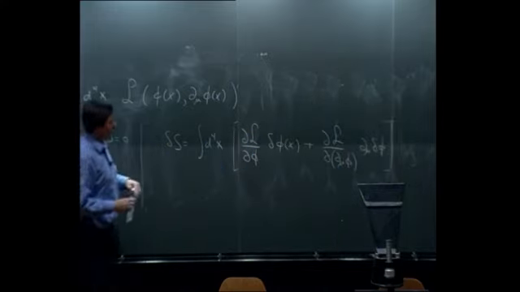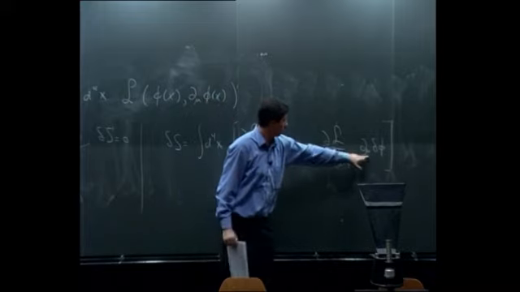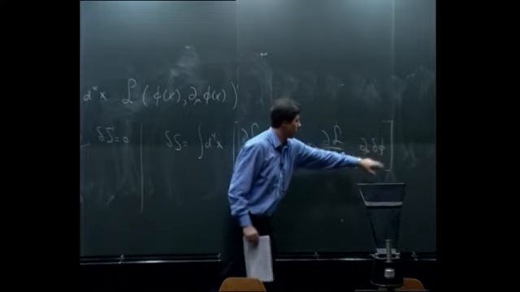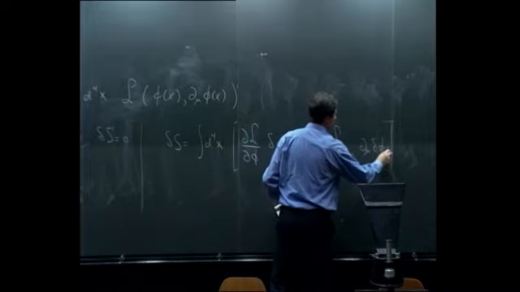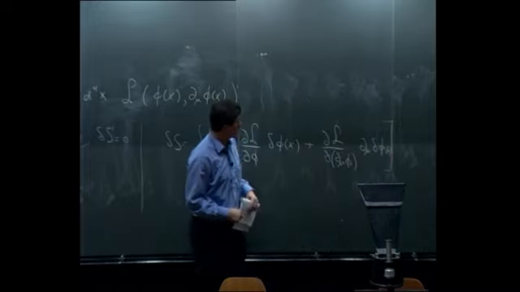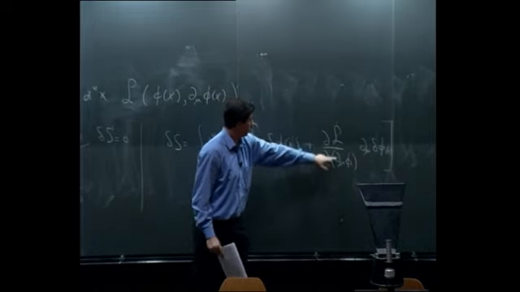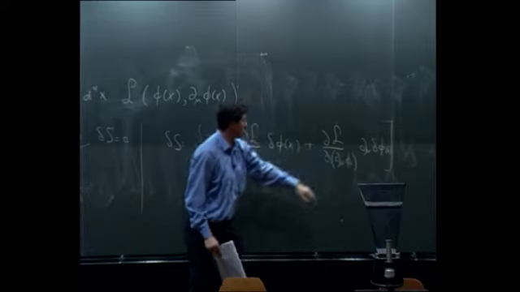There's one more thing I would like to do, namely to take this derivative which acts on the variation of phi of x and do a partial integration, so that this derivative now acts on the factor which multiplies it.